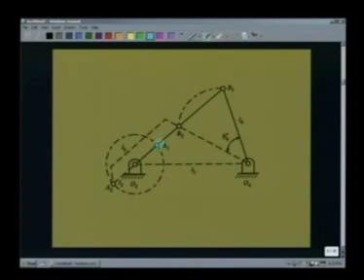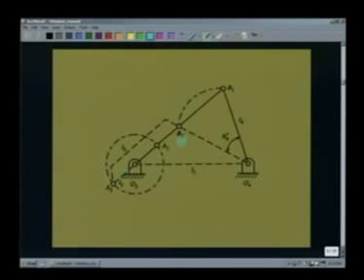This is the outer dead center, which is O2, A1, B1, and this is called the inner dead center when O2, A2 and A2, B2 are opposite to each other. The angle between them in one case is 0 degree, in the other case it is 180 degree. So, for this configuration, the angle between O2A1 and O2A2 is pi.